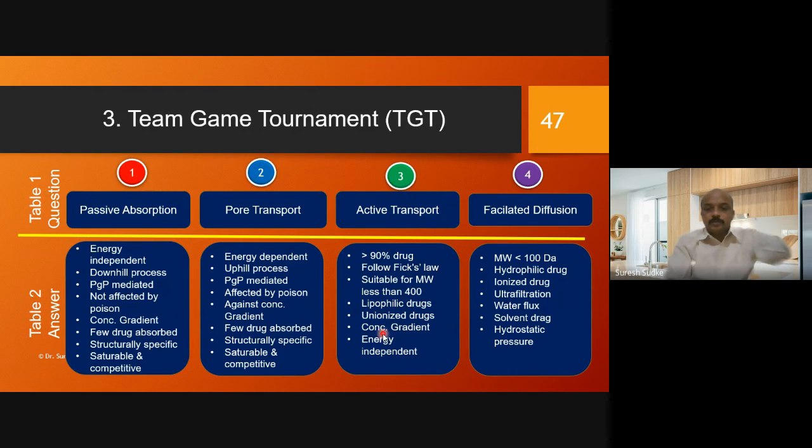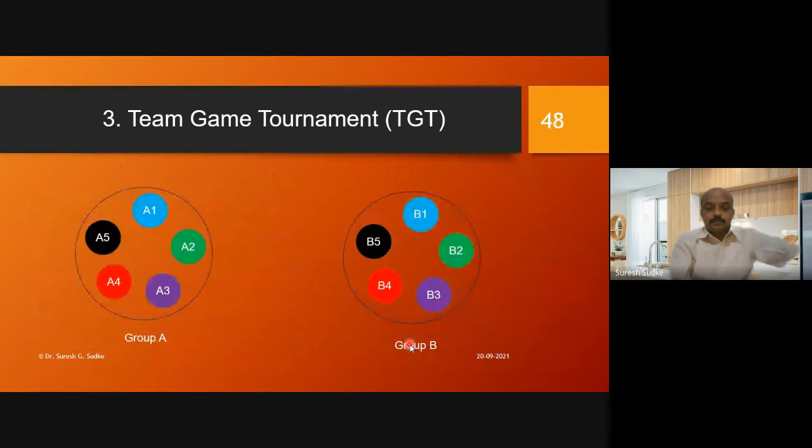It is suitable for lipophilic and unionized drugs. The drug absorption takes place according to the concentration gradient, and it is an energy independent process. So this is the correct answer, and the student has to match it within the prescribed period of time. Similarly, all other questions have to be selected within the given time.